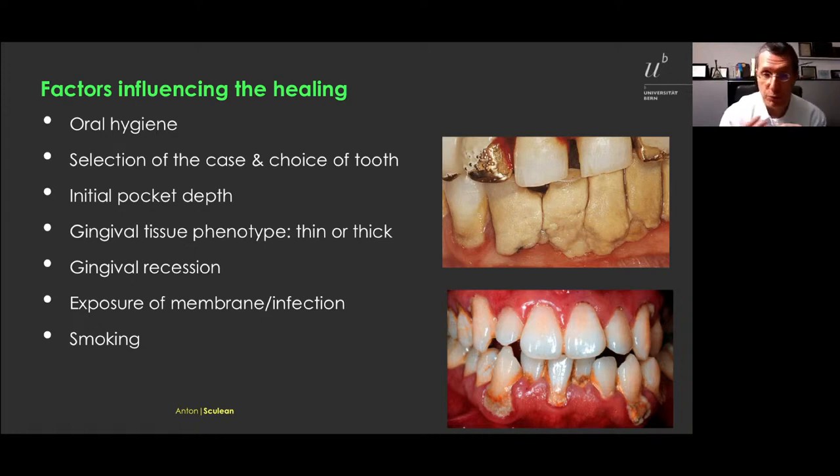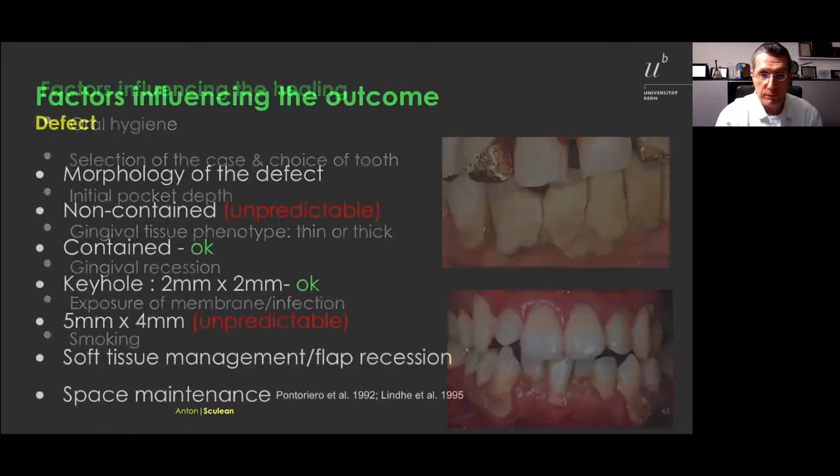Thin tissue is more difficult to work with than a thicker tissue. The presence of a gingival recession, and of course if I have an exposure of the membrane, this may be very negative. And smokers, okay, heavy smokers react significantly worse and unpredictably compared to patients that smoke less than 5 cigarettes a day over many years, or non-smokers.